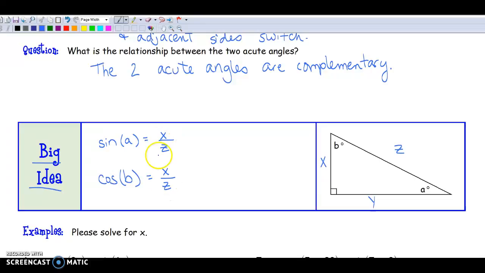So because they equal the same thing, we know that the sine of angle A has to equal the cosine of angle B. And what we also know is that these two angles have to add up to 90. So if the sine of the one angle equals the cosine of the other angle, A plus B has to add up to equal 90. And we're going to use that on these problems down here.